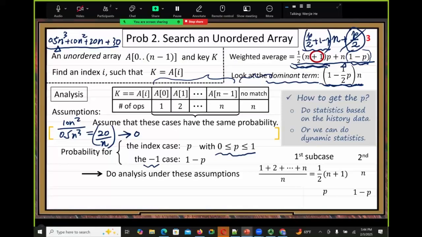So we worry about very large n. But when n is very large, if you look at the ratio of all the other terms compared with the dominant term, that ratio is very, very small, close to 0. That's the reason we can ignore those minor terms.